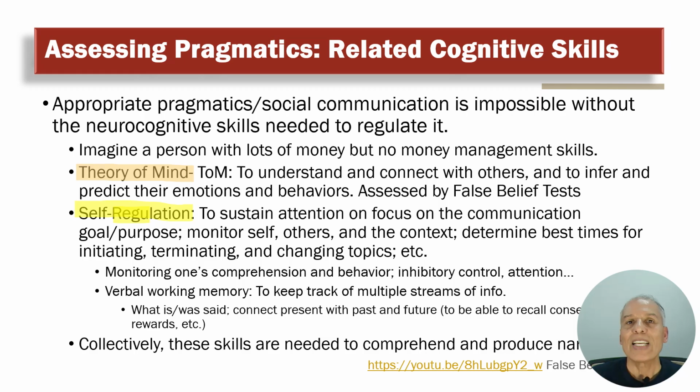Self-regulation and executive functioning are the same. Executive functioning and self-regulation mean the same. These skills enable us to regulate and to determine what to use, for what purpose, when, with whom, what language, what tone of voice. All of that is because of self-regulation.